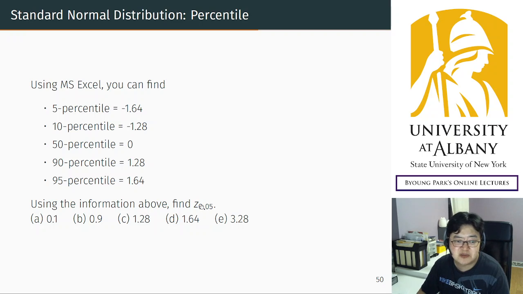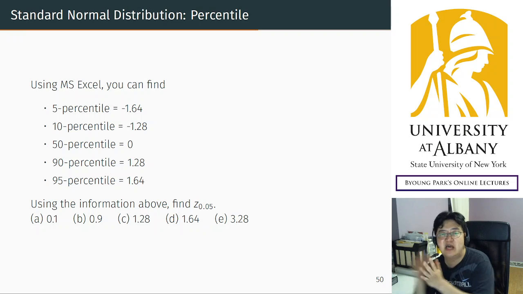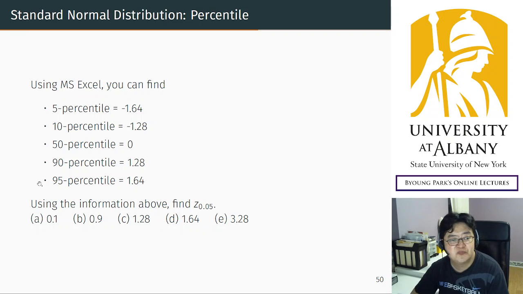So we are looking for the top 5% value. Top 5% is equivalent to the 95th percentile. When you calculate the probability from the top, it's 5%, but from the bottom, it's 95%. So the 95th percentile is 1.64, which is the top 5% value. The answer is 1.64.